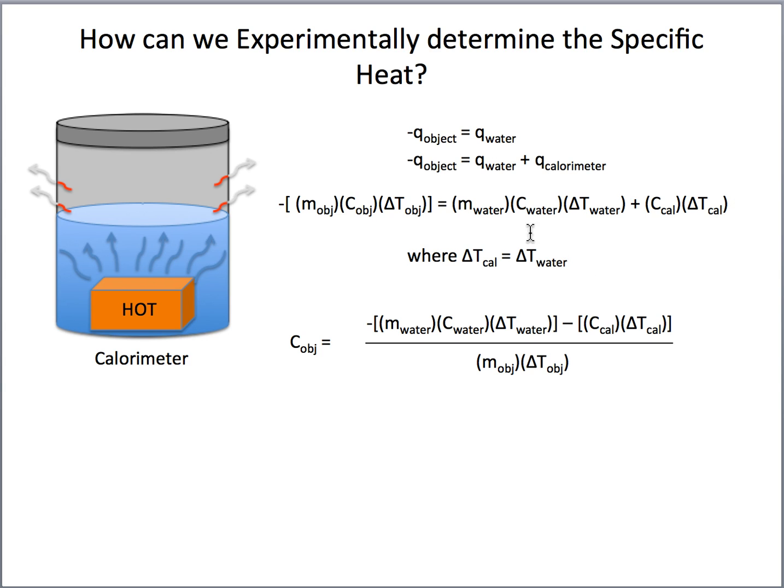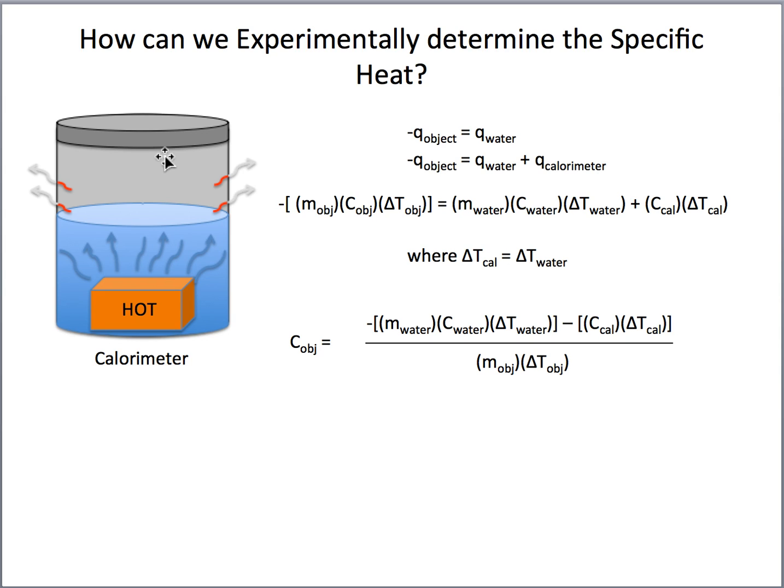Another point I should mention is that the delta T of your calorimeter is equal to the delta T of the water. So imagine that you have no hot object in here yet. You just have some cool water, you have your calorimeter, and it's sitting on your bench top. If it sits there long enough, it equilibrates at the same temperature, which would be room temperature. Right? So the water and the calorimeter are at the same initial temperature. Then you take your hot object, put it in your calorimeter.